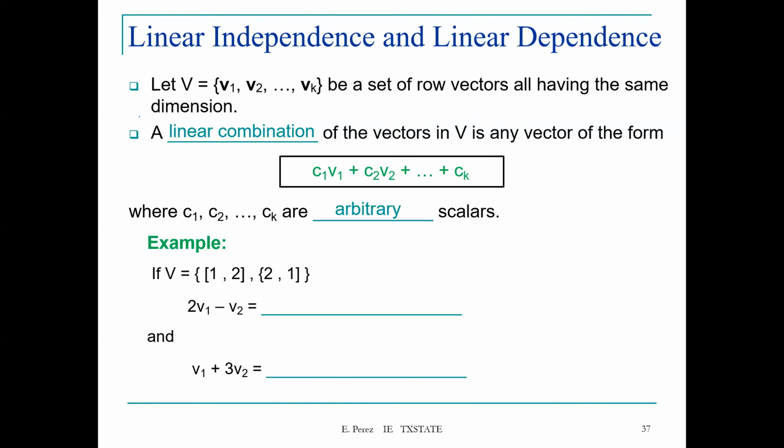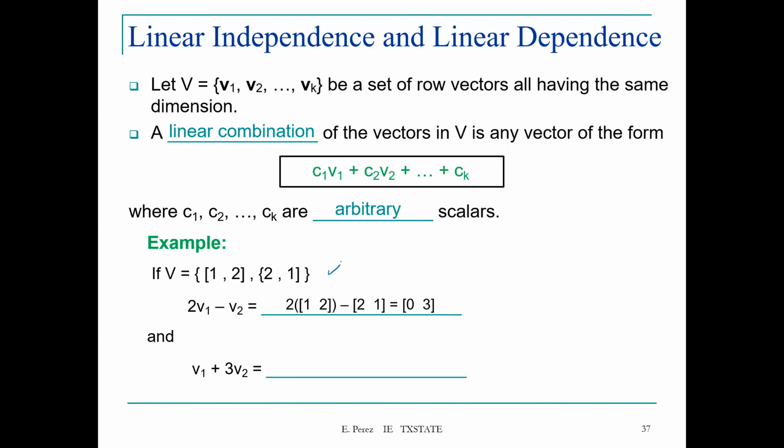So for example, if we have the following set of row vectors, like the one we have here, and we multiply 2 times V1 and then subtract V2, this is the resulting vector. It's 2 times the row vector 1, 2 minus 2, 1, which is vector 2.